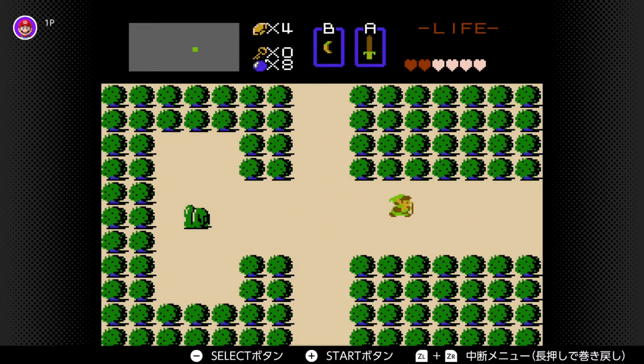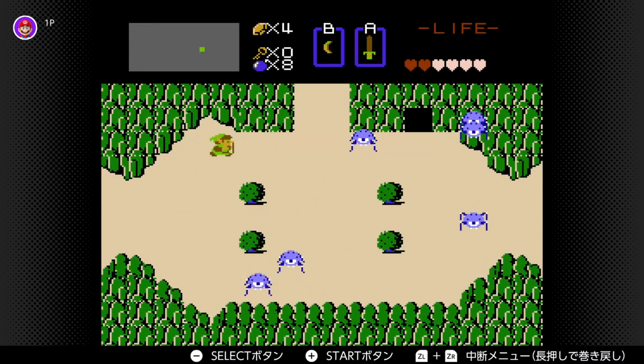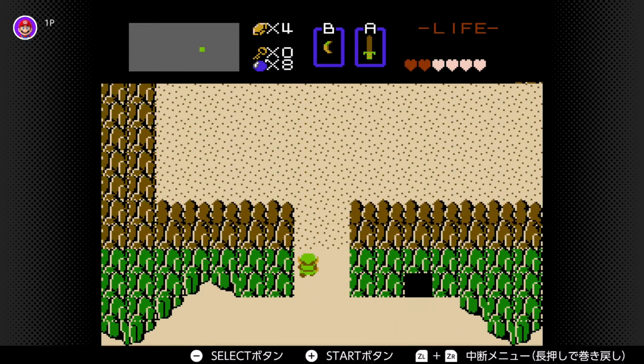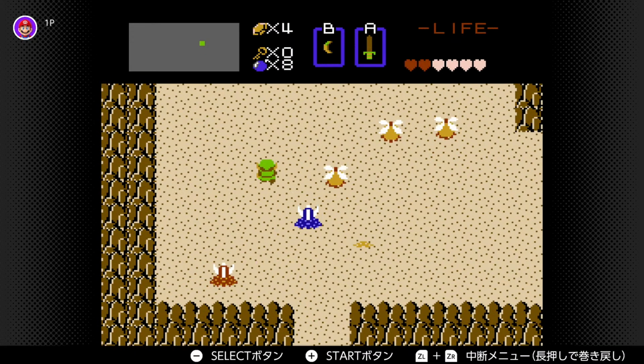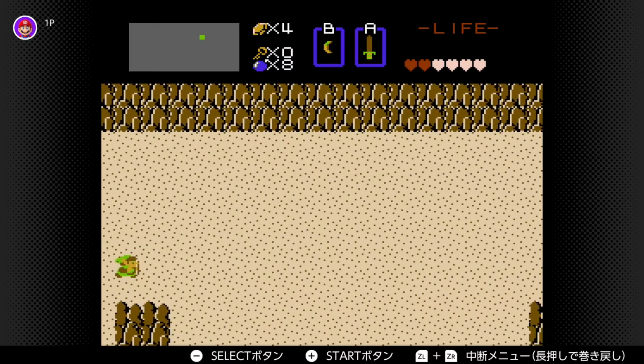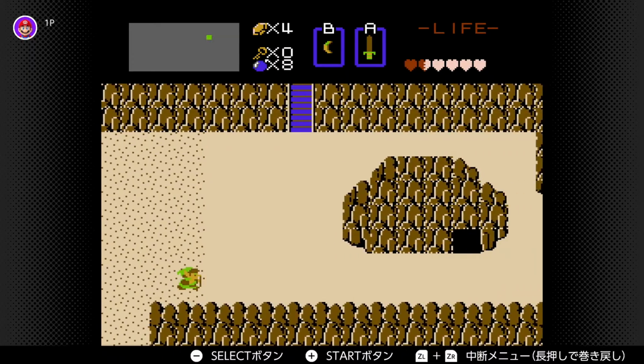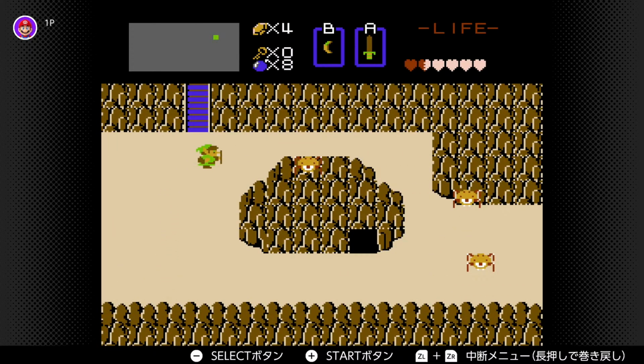Okay. Let's see. Wanted to go back up there. I know this is the shop we've already seen, where we got the arrows. Maybe it's at the very top, to the right. Let's see.